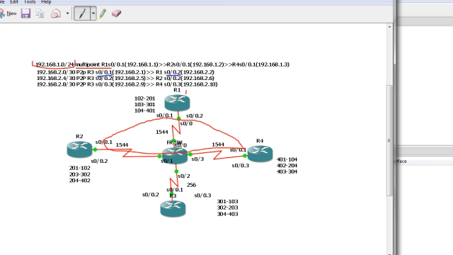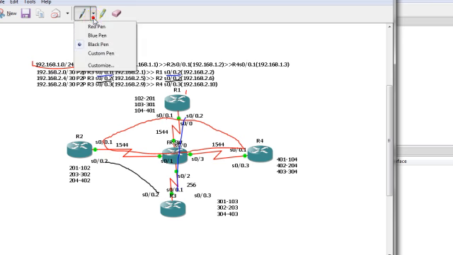This is one virtual circuit. And router 2, I want to use a black pen, with serial 0/0.2 connects with router 3 serial 0/0.2 also. So this is the second virtual circuit.